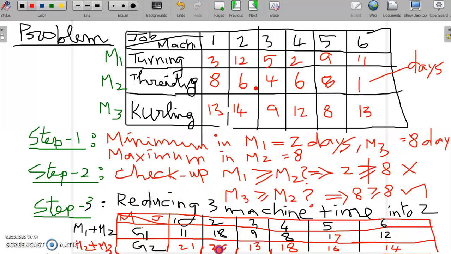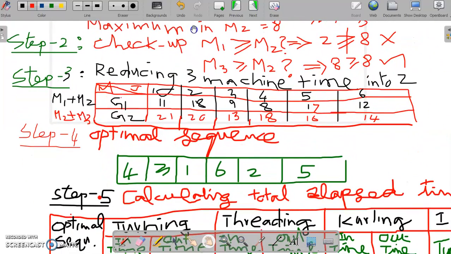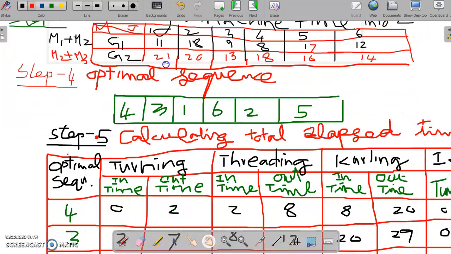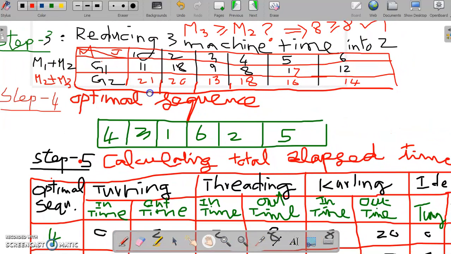The same steps we have to go through further. So let me find the minimum and maximum processing times there. Now the optimal sequence. We already know what an optimal sequence is.